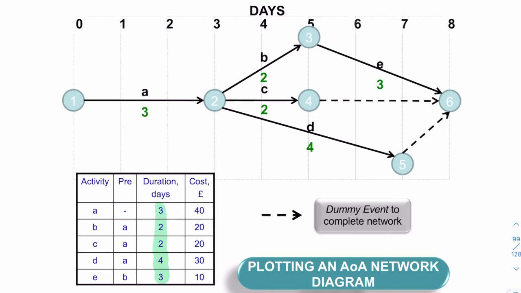How long will planning this take? It looks like it'll take 8 days, simply because we can't get to event 6 until after E has happened, and E can't happen until B has happened, and B can't happen until A has happened. If you add 3 plus 2 plus 3, you get 8, and we call this the critical time.